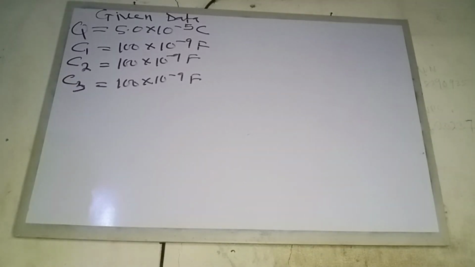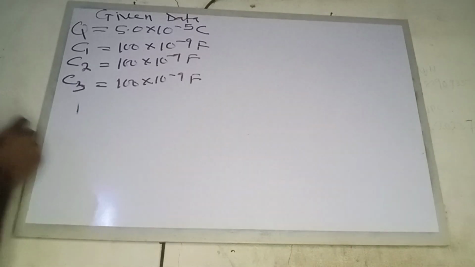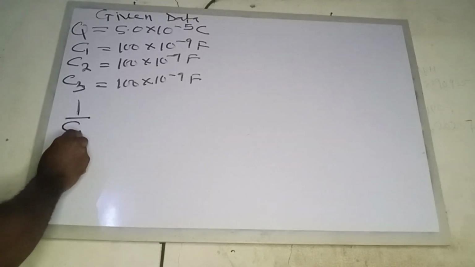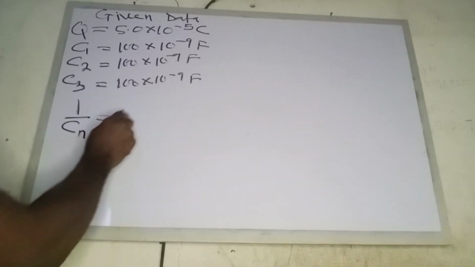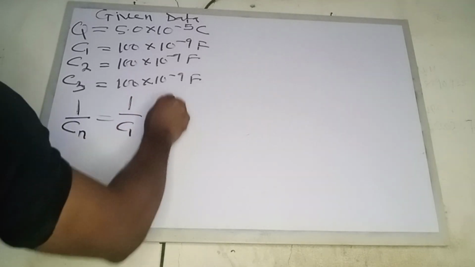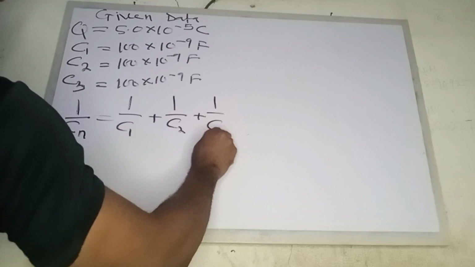When we are calculating, there are two cases: the capacitors might be connected in parallel or in series. In series, to calculate the combination of the 3 capacitors, we have 1 over Cn equals 1 over C1 plus 1 over C2 plus 1 over C3.